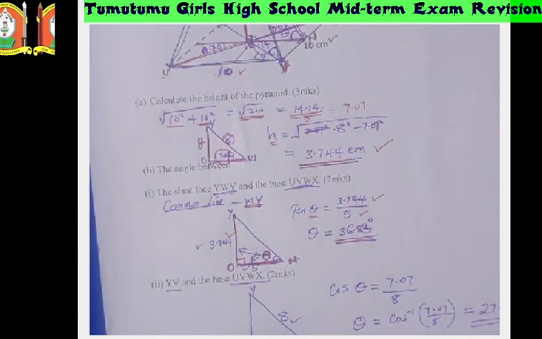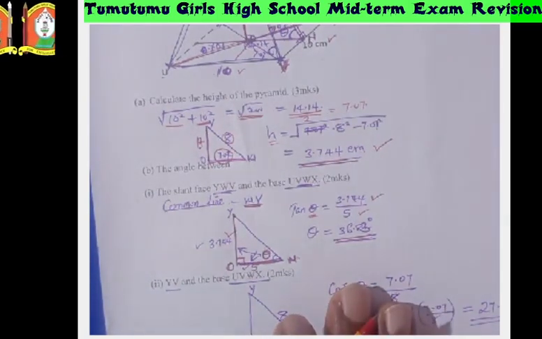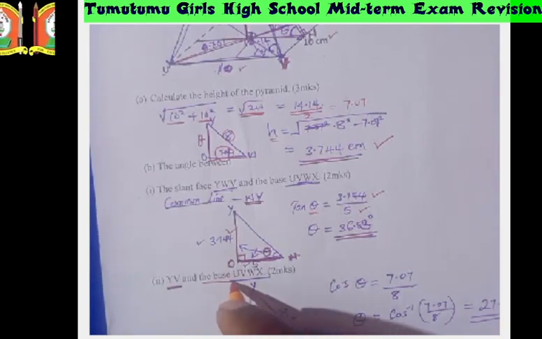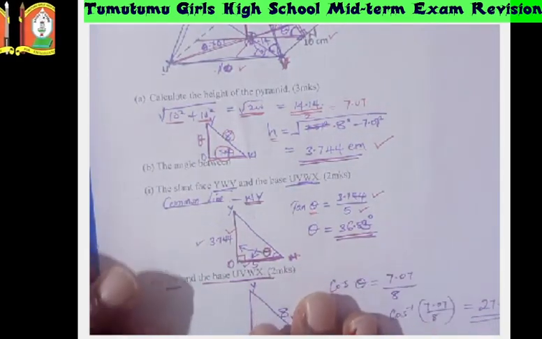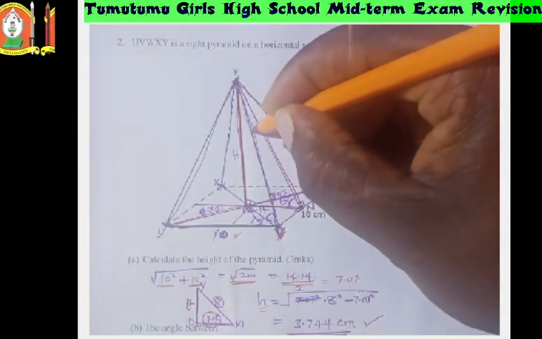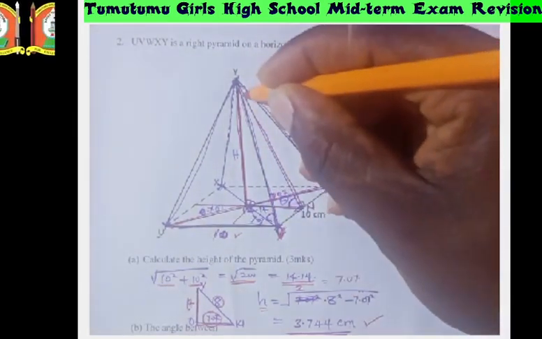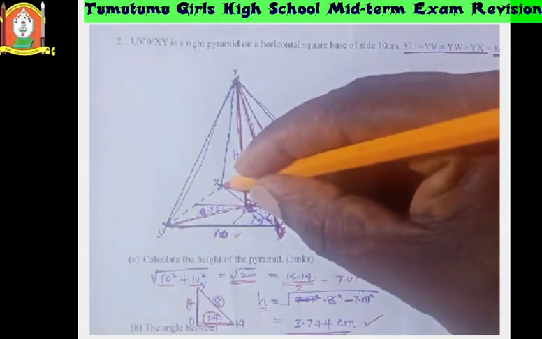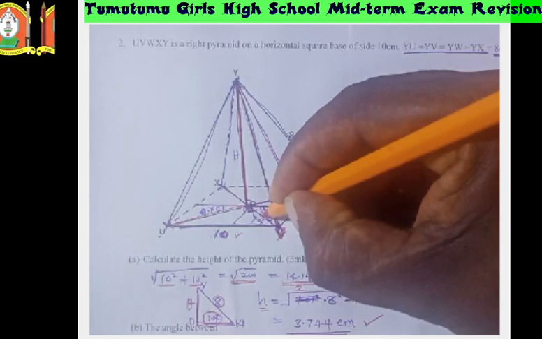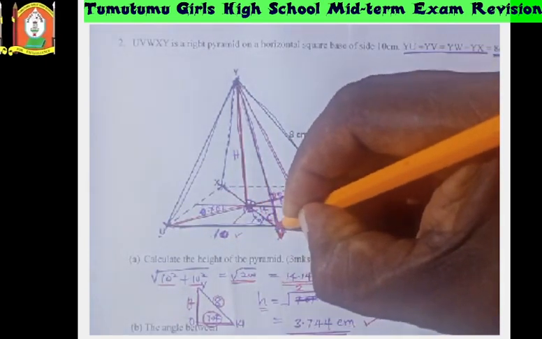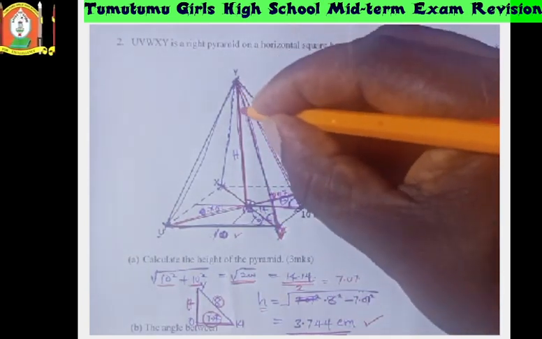Roman 2 of B, we are told to find the angle between YV and the base. So identify line YV. The line YV is the slanting line, and the base. So the diagonal XV will make a right angle.